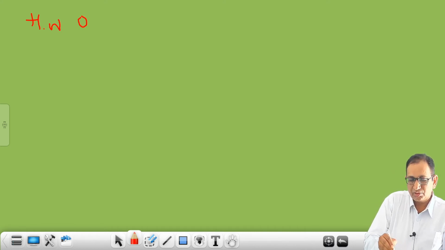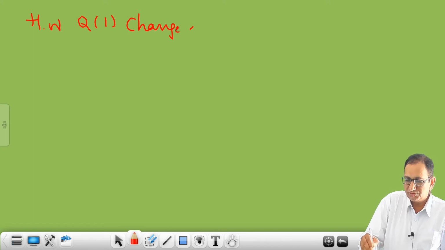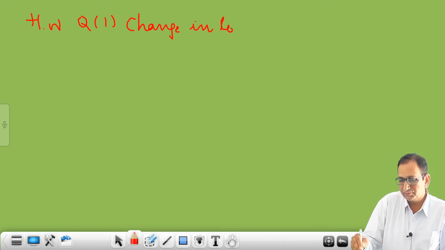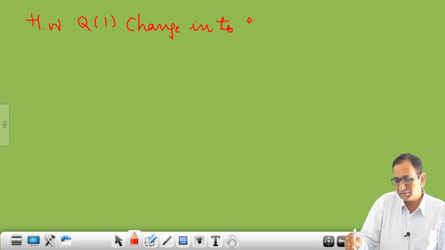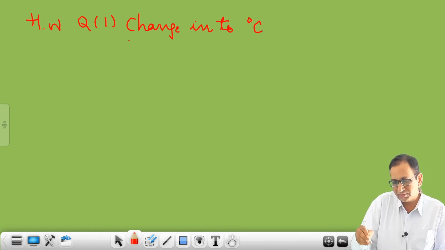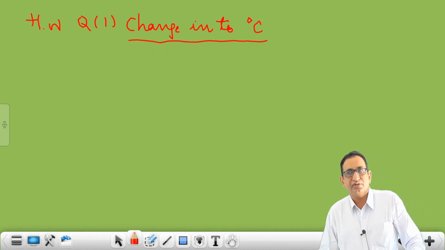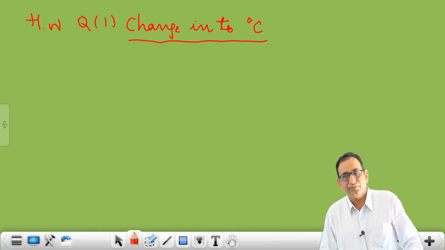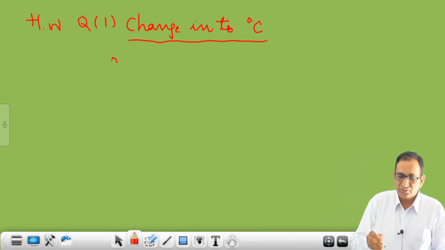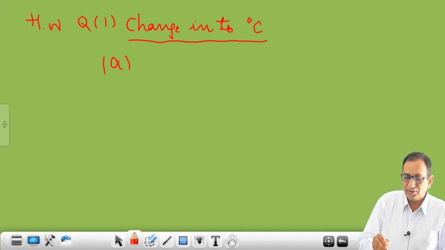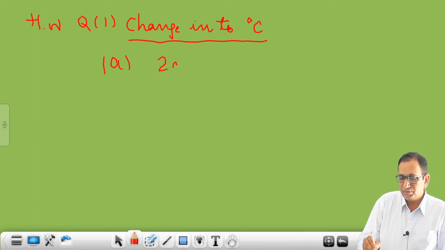So in homework, question number 1, here change into degree Celsius. Change into degree Celsius means the values are given in Fahrenheit scale and you have to change them into degree Celsius. So here your point number A is 20 degree Fahrenheit.